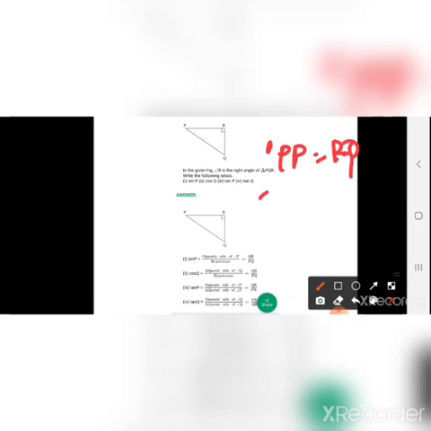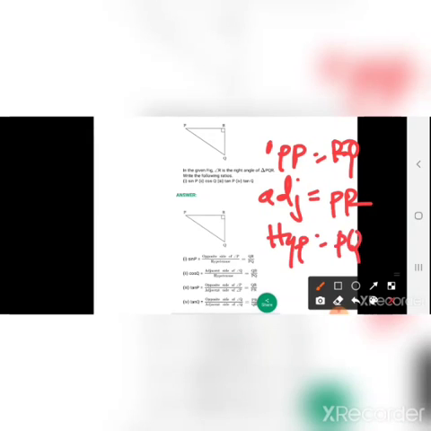For angle P, adjacent side will be what? It is PR. And hypotenuse will be PQ. This way, we can fix the images in our brain and then start writing ratios.